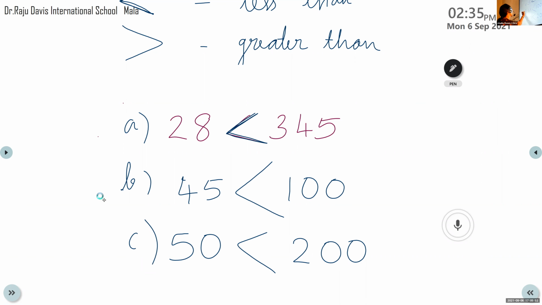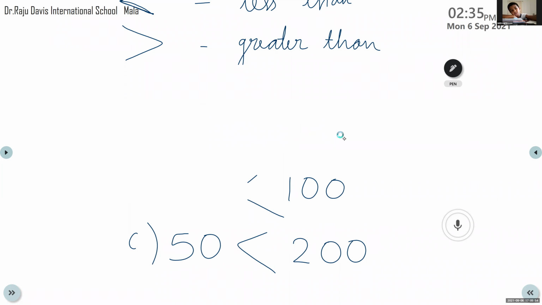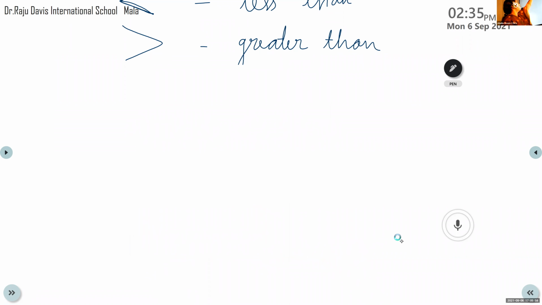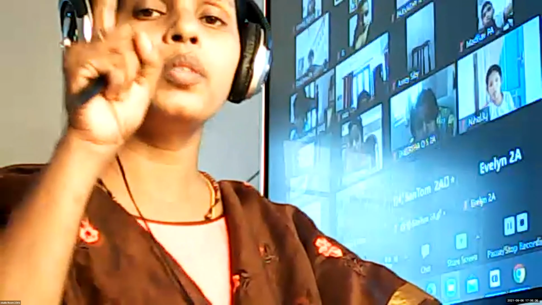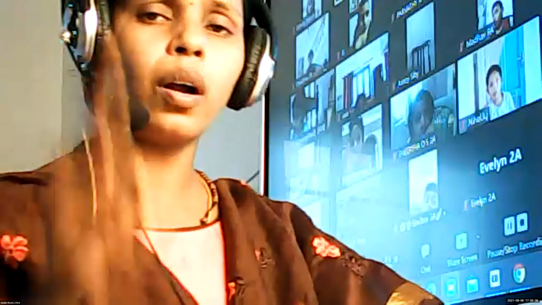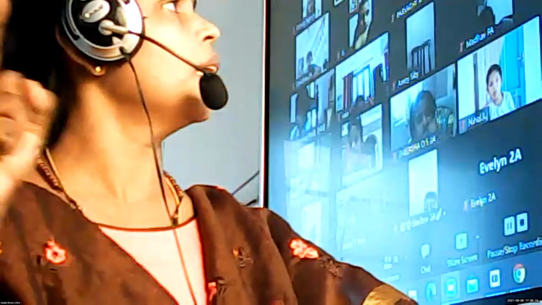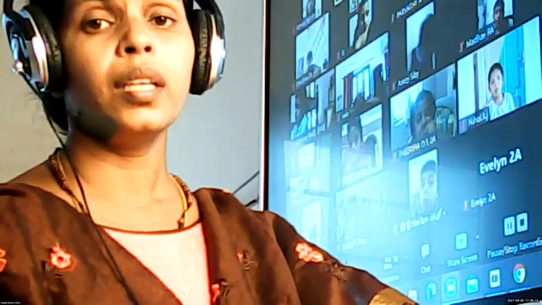Now, let us see the comparison of two three-digit numbers. We just discussed one two-digit number and one three-digit number, and we concluded that a two-digit number is always smaller than a three-digit number. Now, let us see two three-digit numbers.